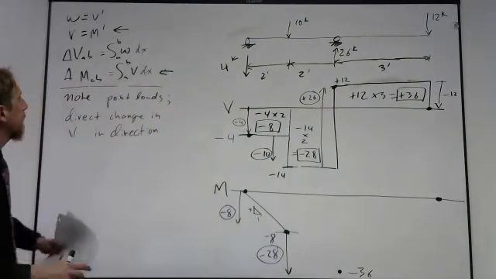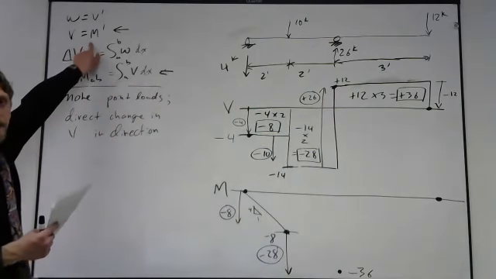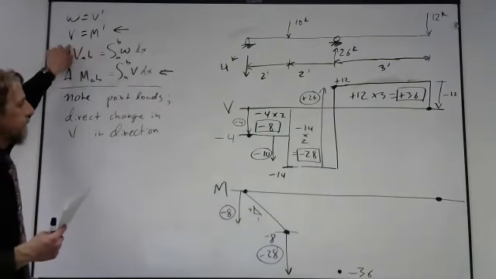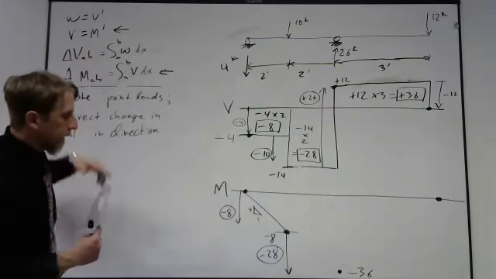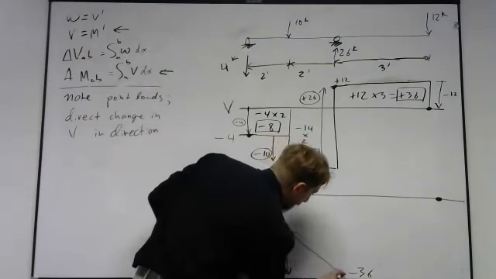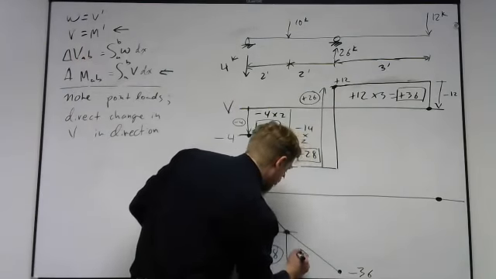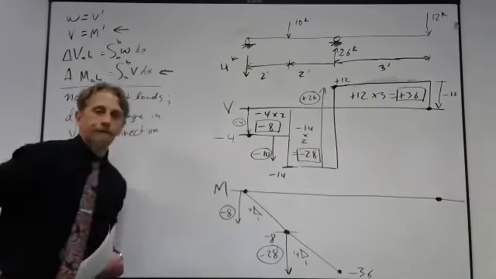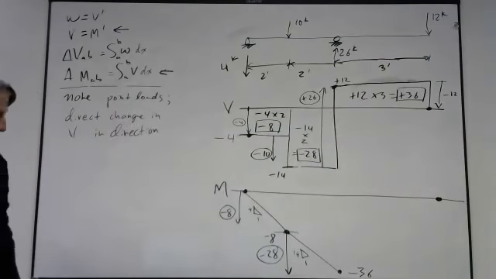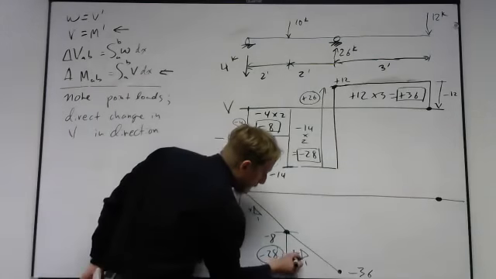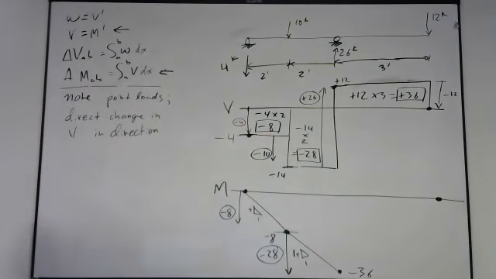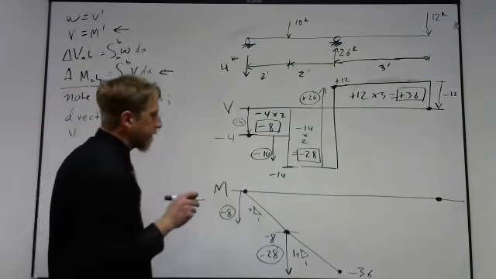Now I'm talking about shape, talking about the slopes. V is the slope of M. V is negative and constant. It's a straight line going down. Let's do that. This is -14, -14. That's the slope. So just to hammer the point home, V is the slope of M, negative and constant, straight line going down.